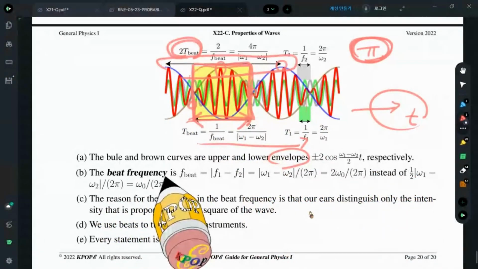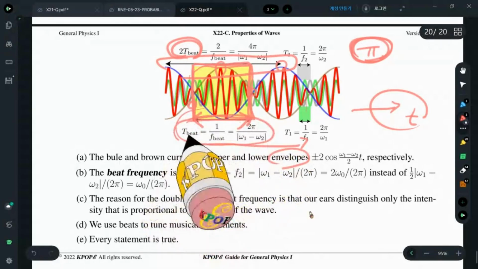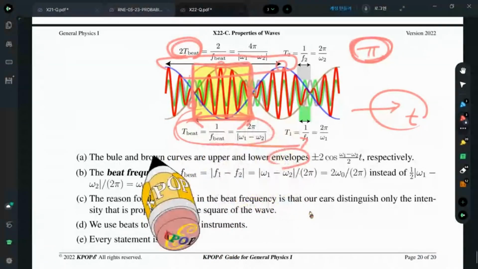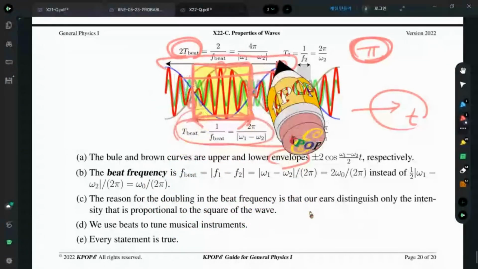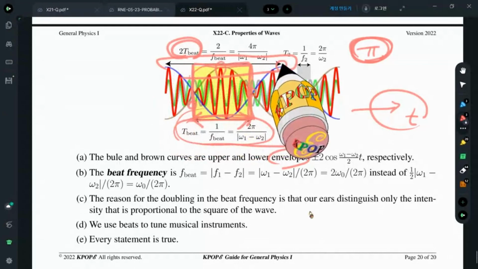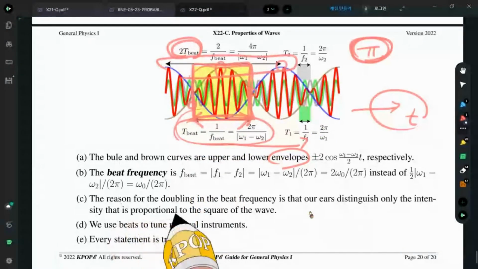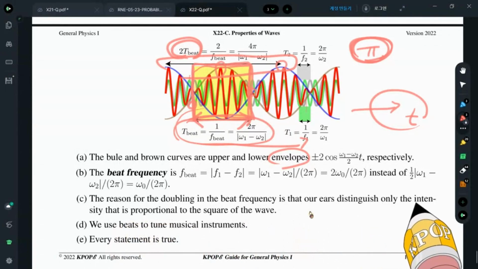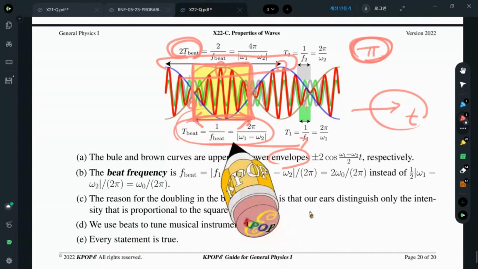Beat frequency is the inverse of the beat period, and that is 1/2. The frequency is doubled, and the period is 1/2 of the original mathematical formula. The reason for the doubling of the beat frequency is that our ears distinguish only the intensity, which is proportional to the square of the wave.